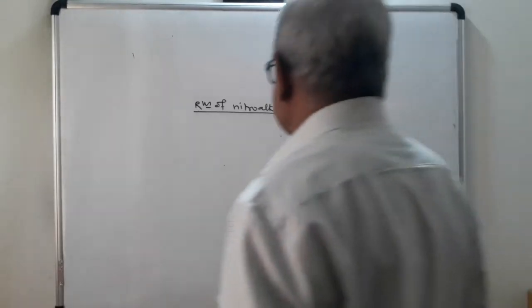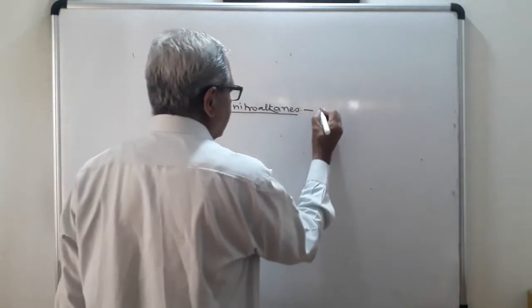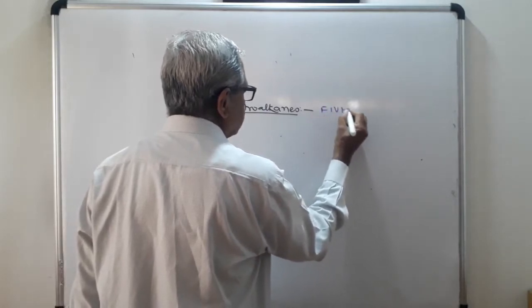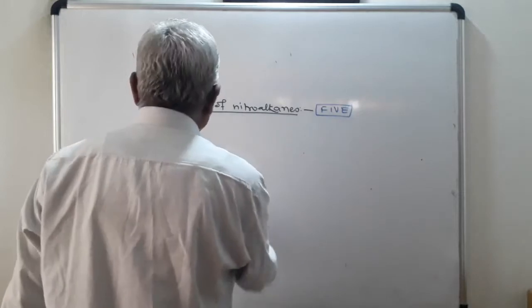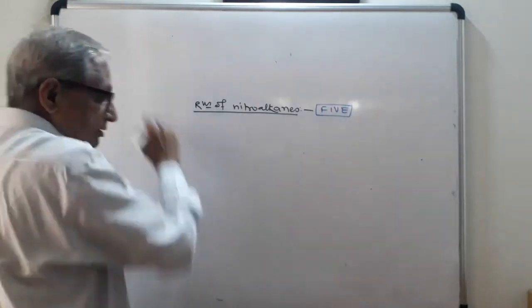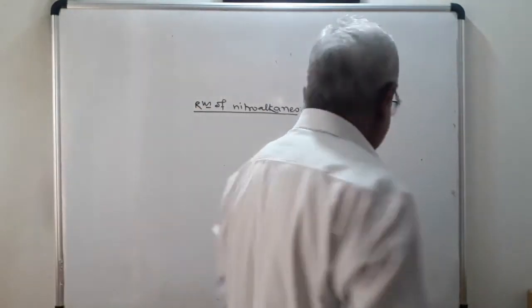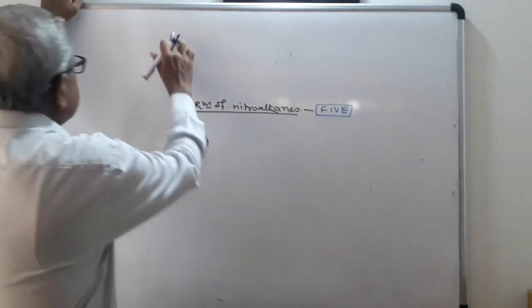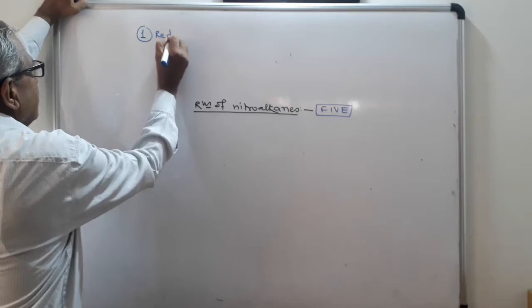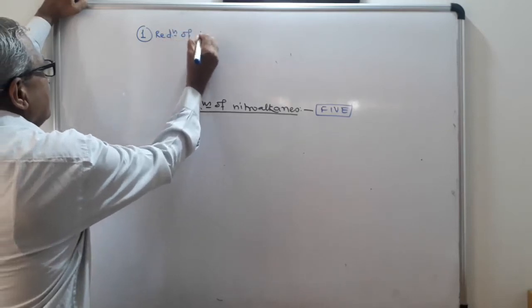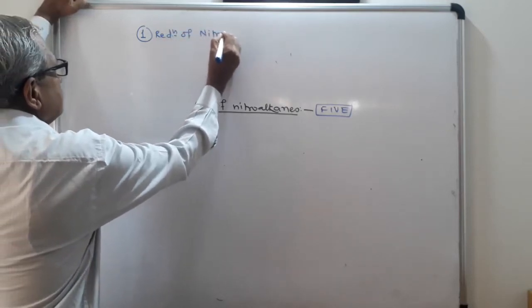See, our point is the reactions of nitroalkanes. Nitroalkanes undergo 5 types of reactions. So one by one I will explain those 5 reactions. The first reaction is the reduction of nitro compounds.